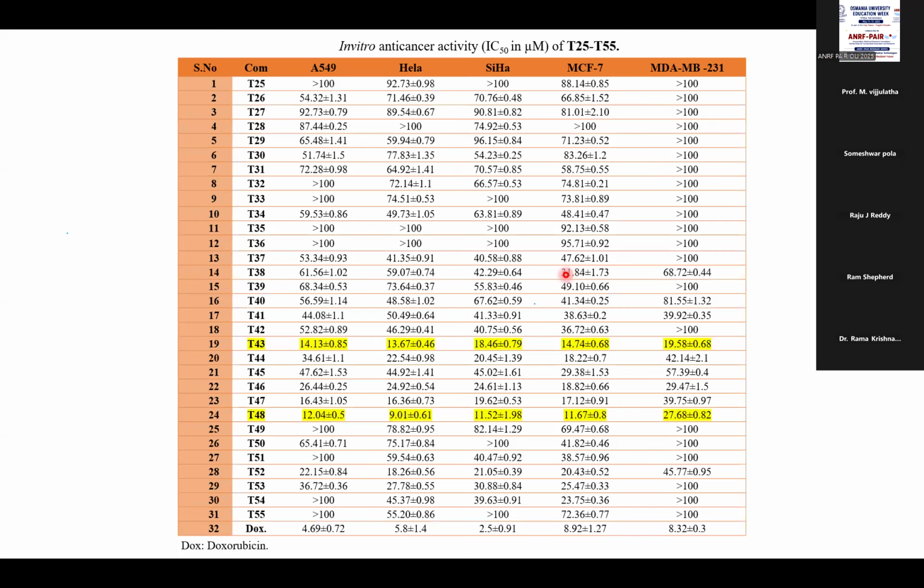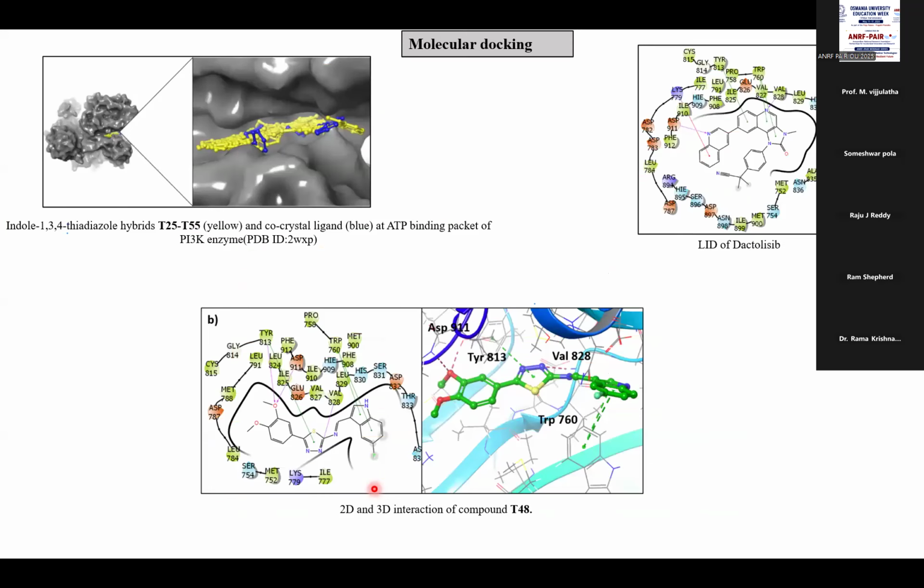And we have gone for the in vitro anti-cancer activity of these molecules, and we could see that these molecules T43 and T48 had better binding affinity, had better anti-cancer activity in vitro compared to other molecules. And these are some of the docking pictures of these structures, where you can see the indole 1,3,4-thiadiazole hybrid as yellow ball and stick model, and co-crystal ligand is there in blue.